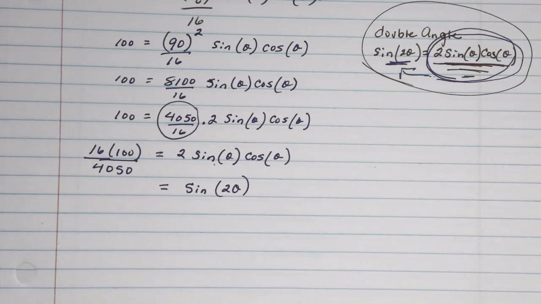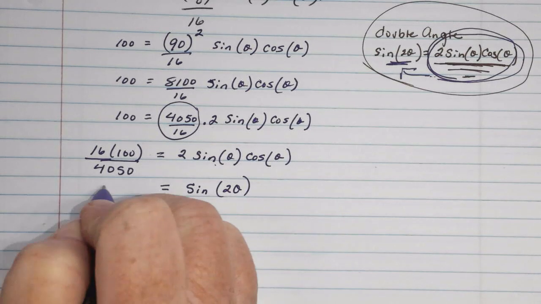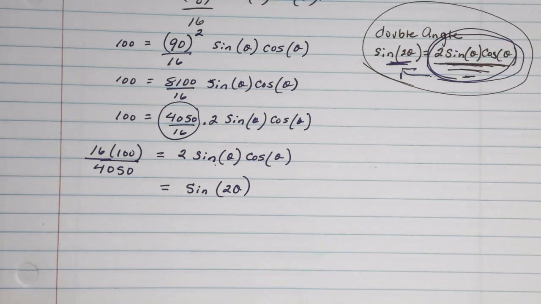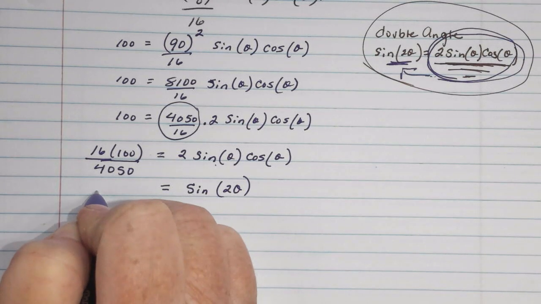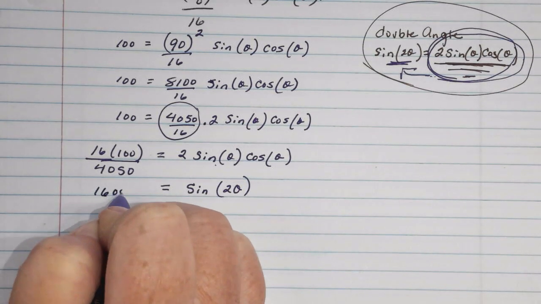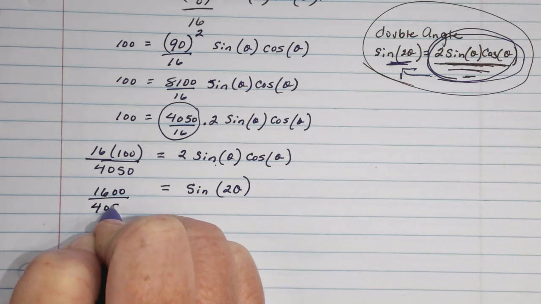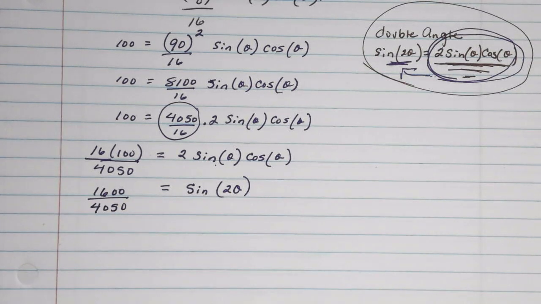Let me just rewrite this for right now, and then we'll simplify in a minute, because I want to show you what I need to do to get rid of the sine function.